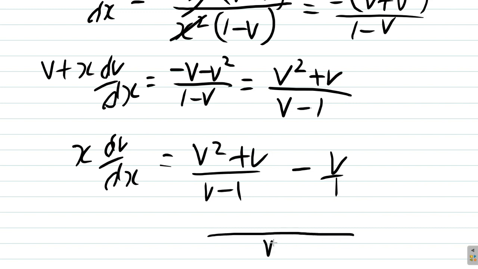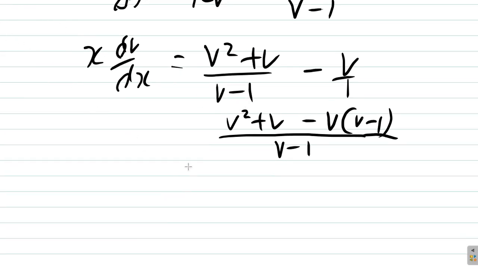Let's do some fractions. V minus 1. V minus 1 into v minus 1 goes 1 time. 1 time v squared plus v is just v squared plus v. Minus 1 into v minus 1 goes v minus 1 times. The v minus 1 times v is a v minus 1. Okay.